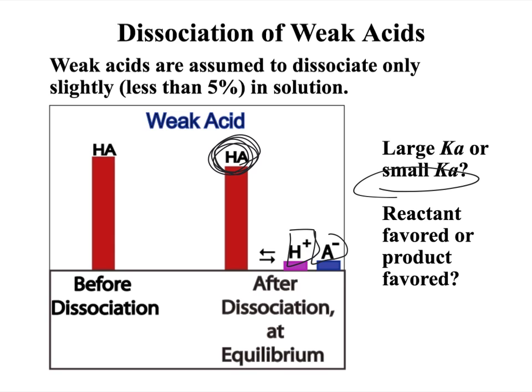So that's this graphic representation, whereby we have a whole lot of reactant and hardly any products. That's a weak acid. And that's why weak acids don't do much destruction, like vinegar, for example, because there aren't very many of those H pluses to do what acids do, which is ruin things.